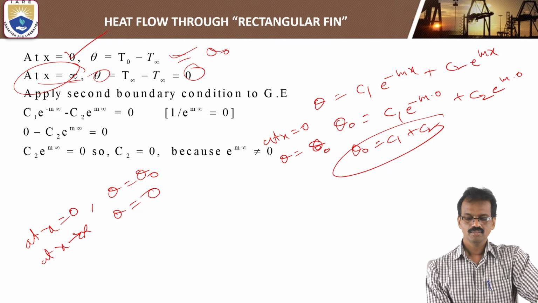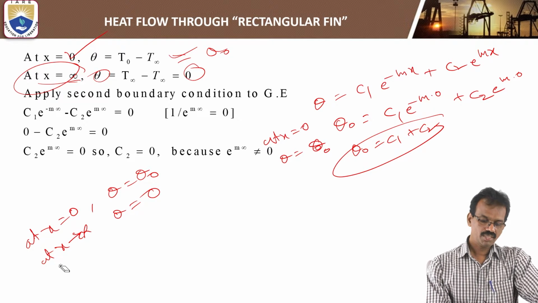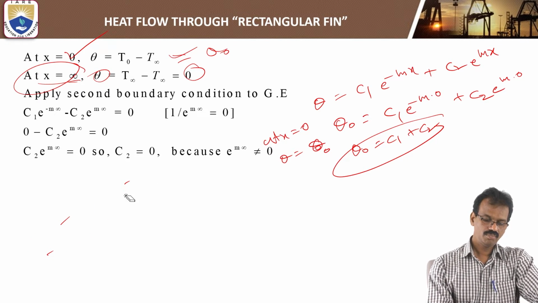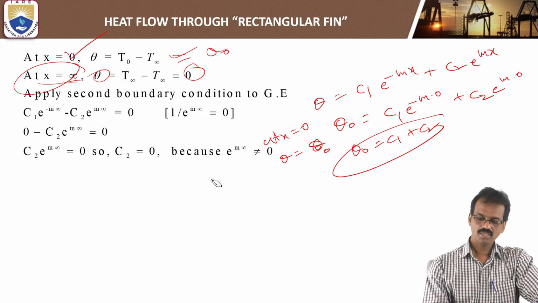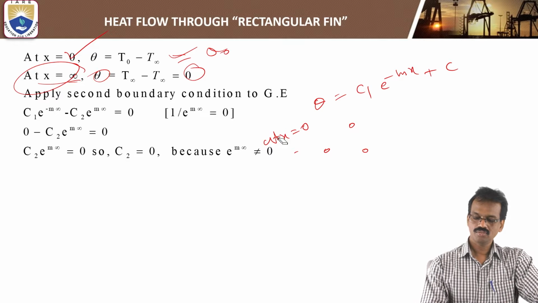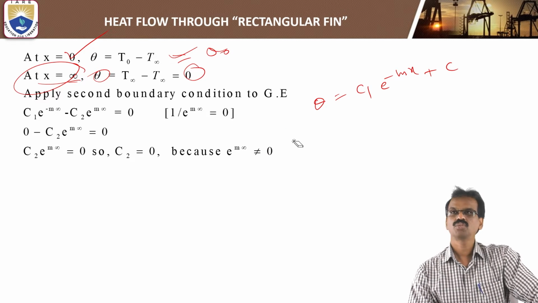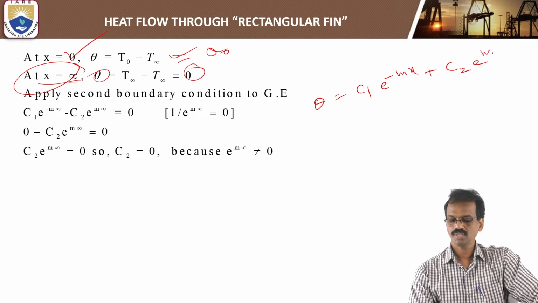Then apply the second boundary condition and see what will happen. So this is the general equation: theta is equal to C1 e to the power of minus mx plus C2 e to the power of mx.